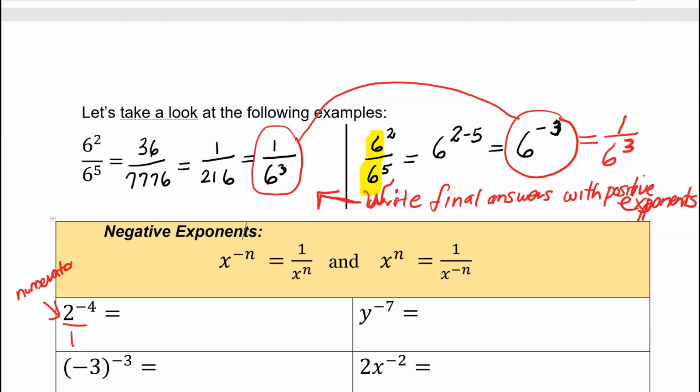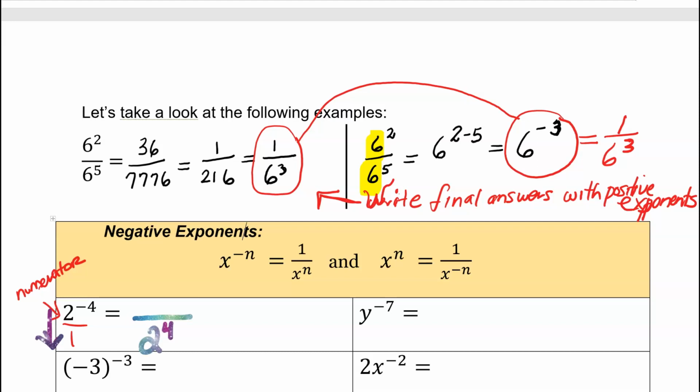To change the sign of that exponent, we're going to drop it to the denominator. All right, therefore, if we drop it to the denominator, it changes the sign of the exponent. So the sign becomes positive 4 now.